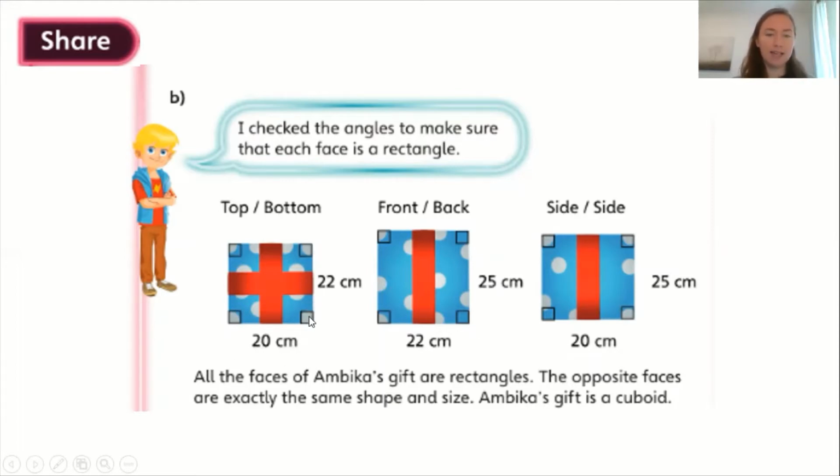This side is slightly longer than this side. It's the same for each of them. None of those faces are square. For this shape to be a cube, all of the faces must be squares. However, because they are not squares, her gift is not a cube. It is a cuboid because there are some rectangular faces on the shape.